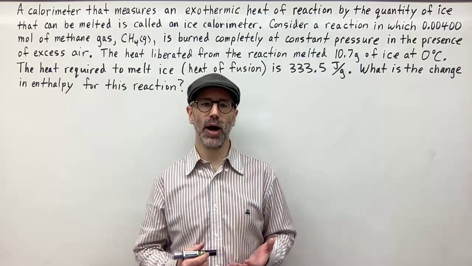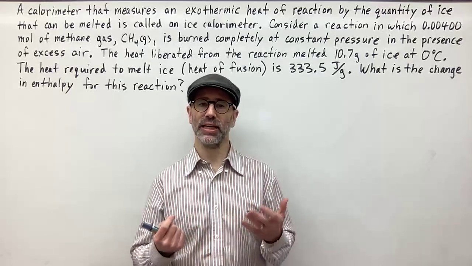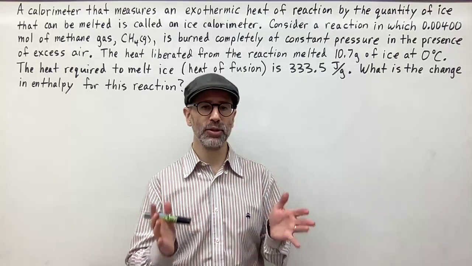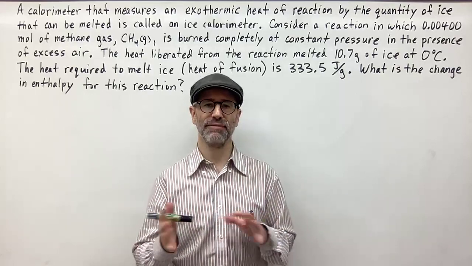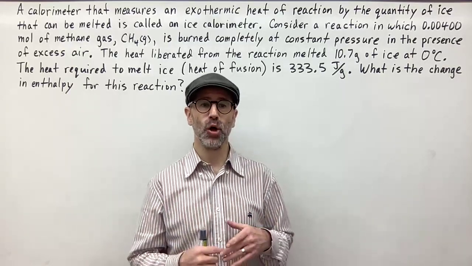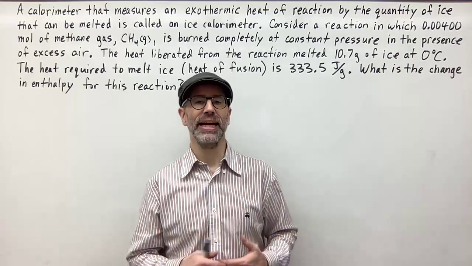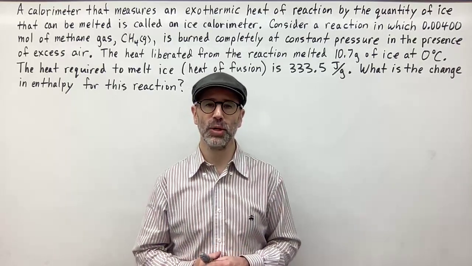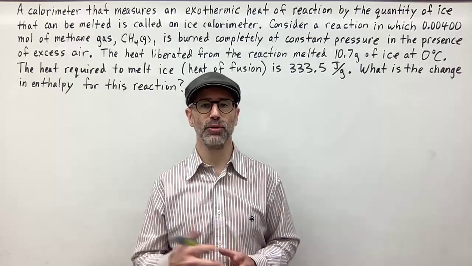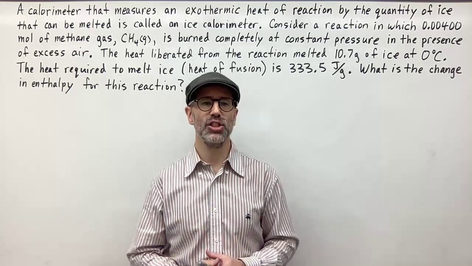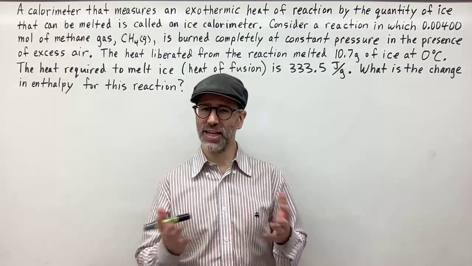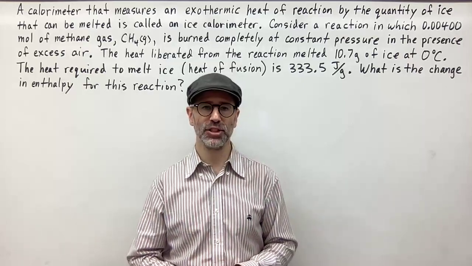The heat required to melt ice is called the heat of fusion. Don't worry about the word fusion. Fusion is just a fancy word for melting. So the heat required to melt ice is called the heat of fusion, and that is 333.5 joules per gram. What is the change in enthalpy, or the delta H, for this reaction?